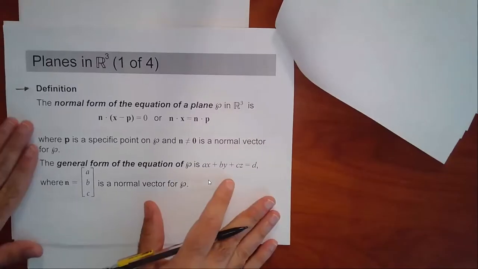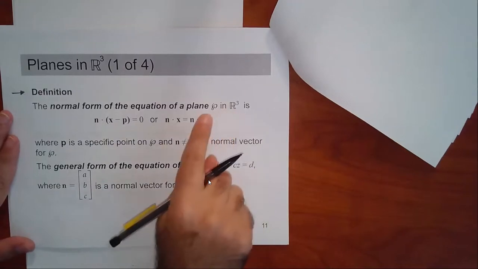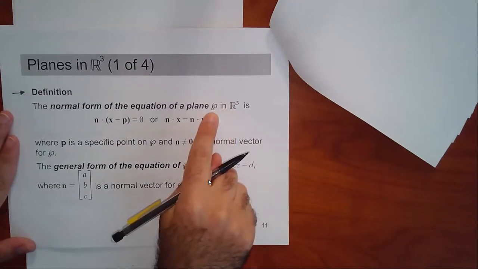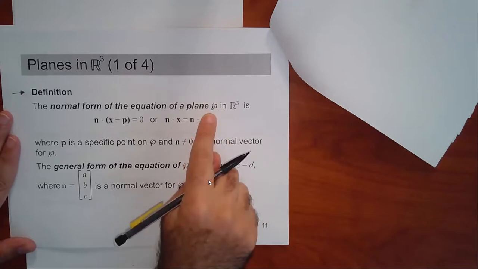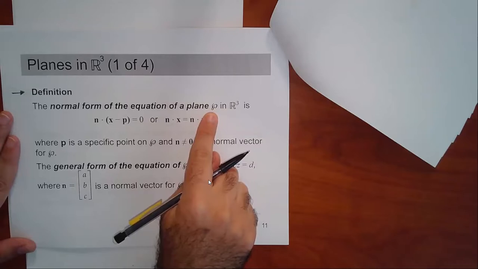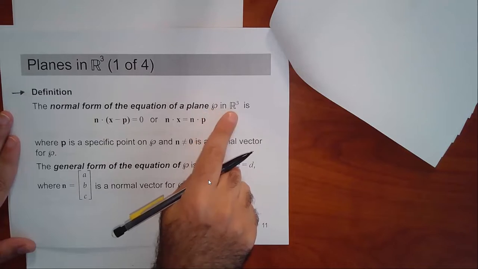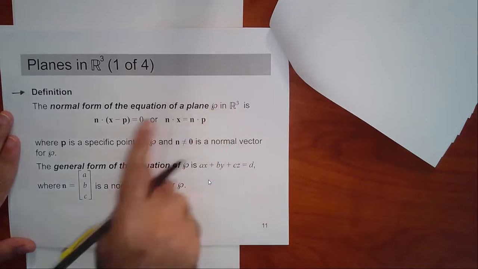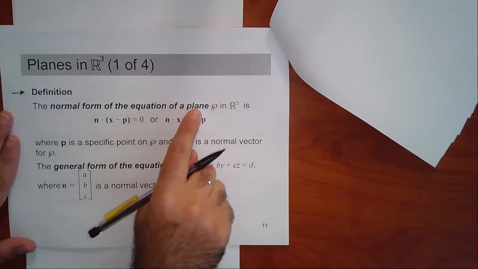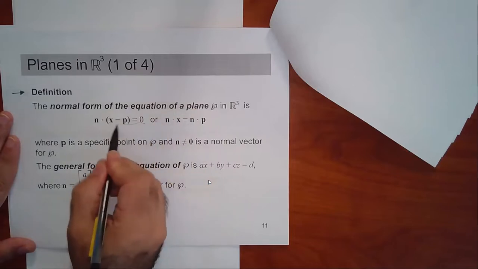But now we're going to do that in R3 and the planes. It's not a line, so instead of a line, we're going to study a plane. This plane could be XY, this could be YZ, this could be XZ. So it's a plane in R3, and we need to find the equations for this plane. This is the normal form.